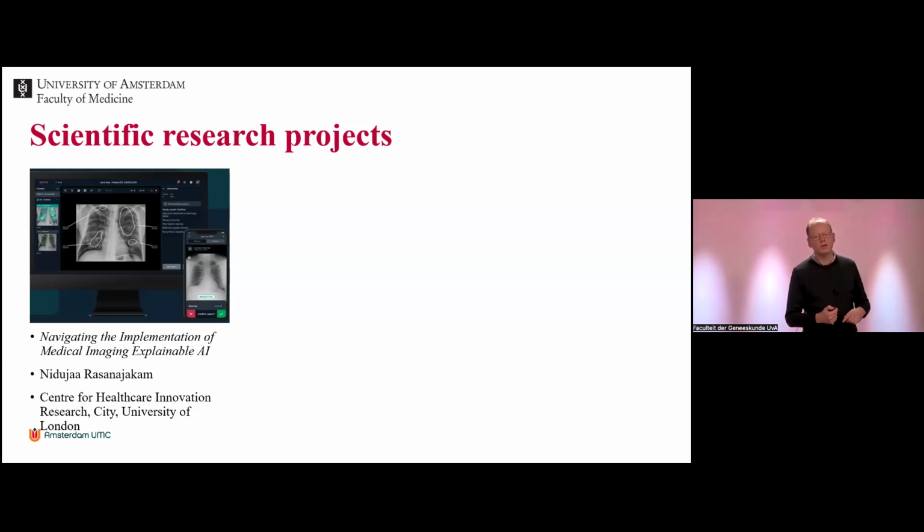It's really important when you have AI that tries to help you in your work, that it can explain how it came to its solutions, so that the doctor can better decide whether to follow the advice or not. So that's explainable AI, and this student did her research at the University of London.